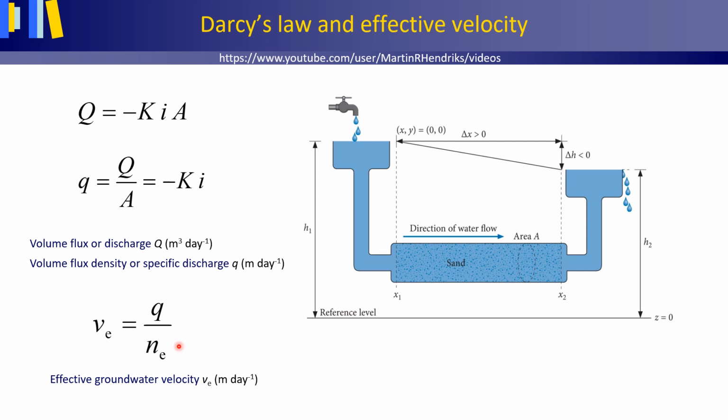Also, if we were to inject a coloring dye at the left screen here, we could easily estimate the time it would take for this coloring dye to reach the right screen, simply as the distance x2 minus x1 divided by this effective velocity.